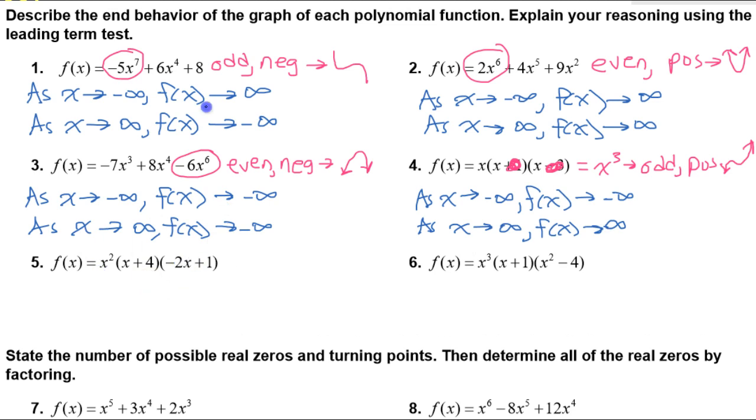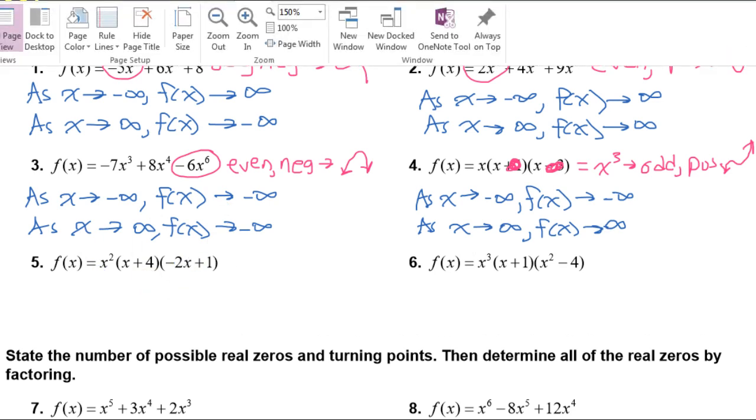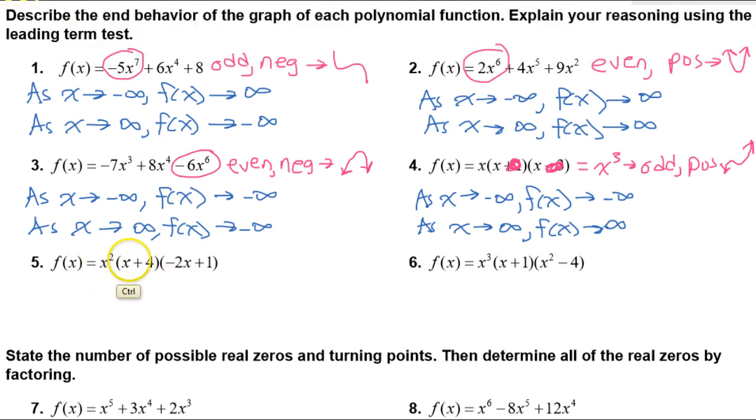Okay, same with this one. Because if I want to figure out what the leading term is going to be, just take out the +4 and take out the +1. So that's going to give me negative 2x to the 4th power.